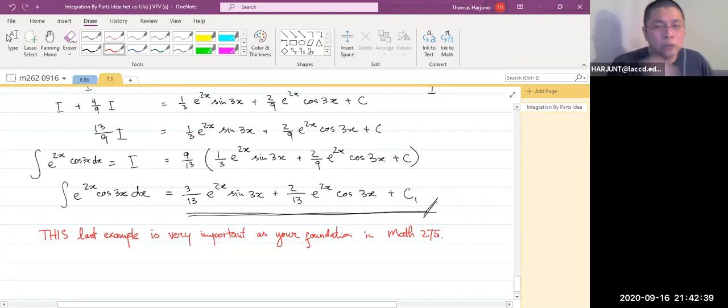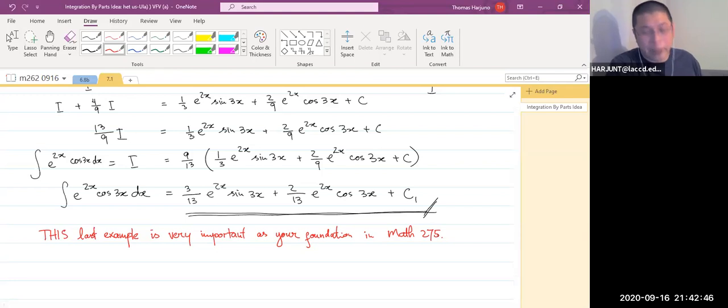So if you are planning to take differential equation math 275, then you better be good with integration by parts and fast. In general, you need to be good with your integrals.